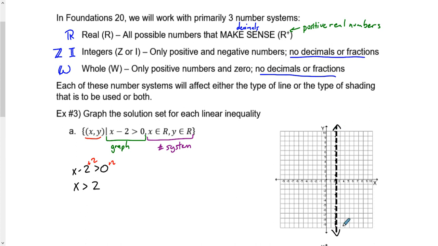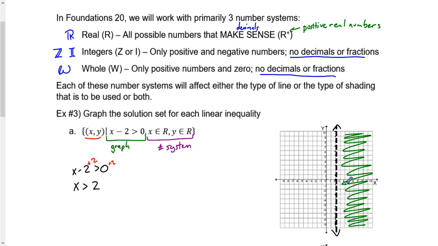Any point that is on that line is not one of our solutions. But to shade greater than, well, the x's that are greater than 2 are all the ones that are to the right.